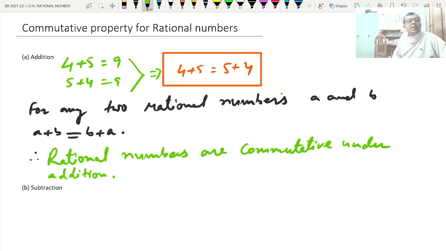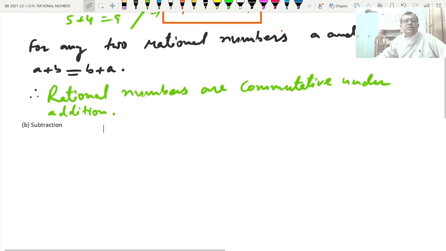Is this clear? Commutative means if you add in reverse order, the sum will be the same.